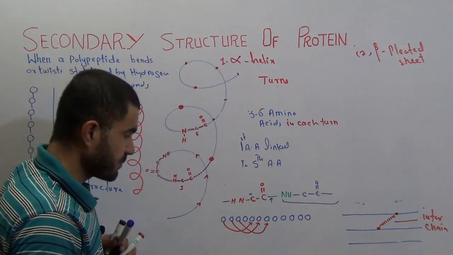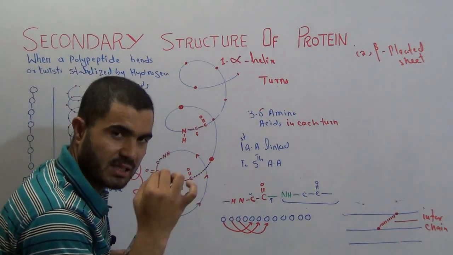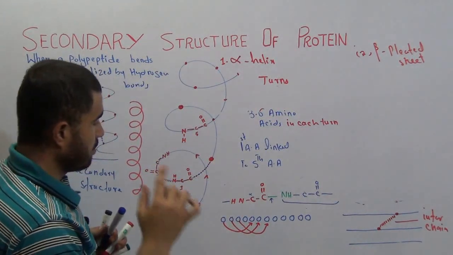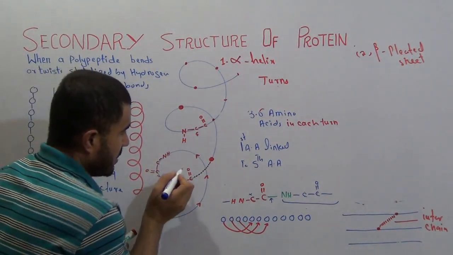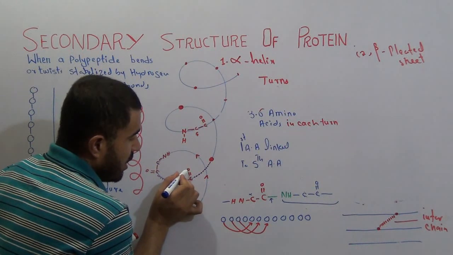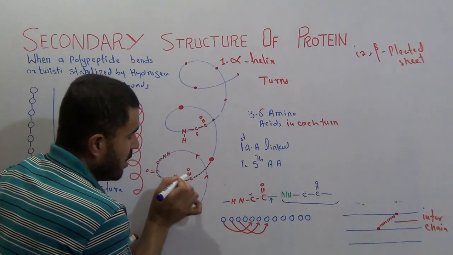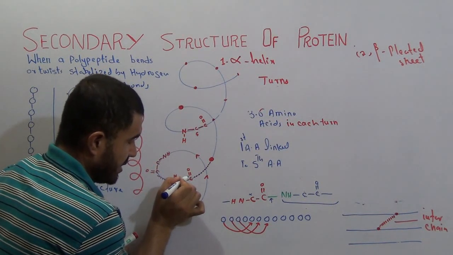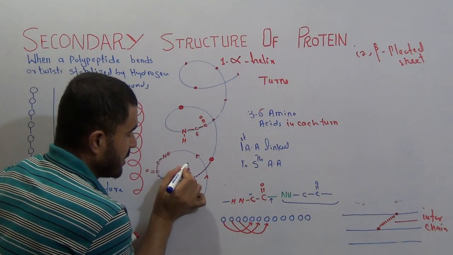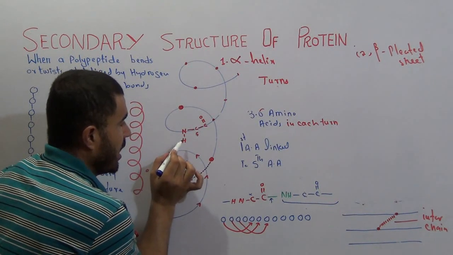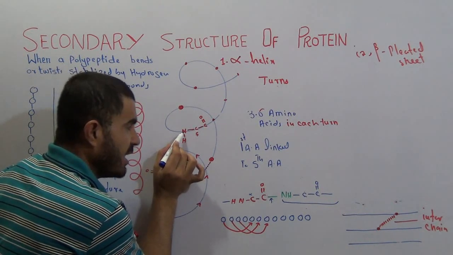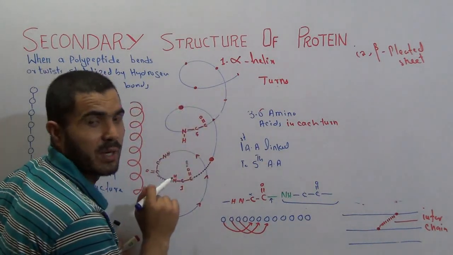What happened? The hydrogen bond is formed between the oxygen of the C double bond O of one amino acid and the hydrogen of the NH group of the next amino acid.